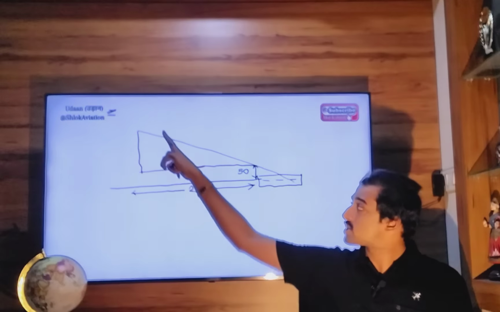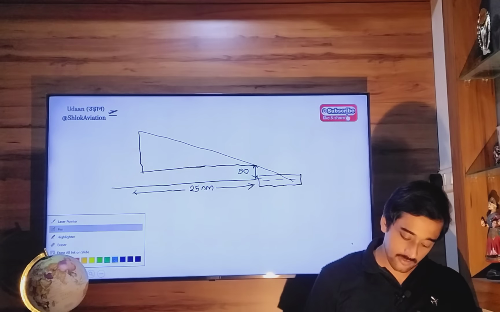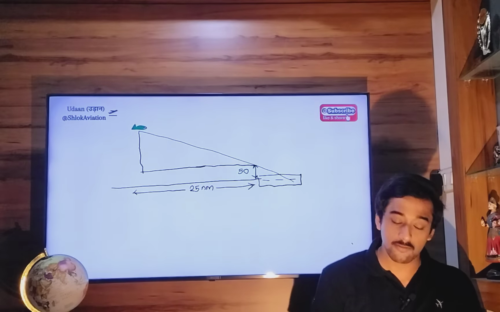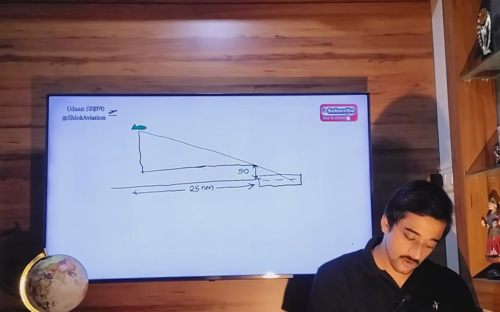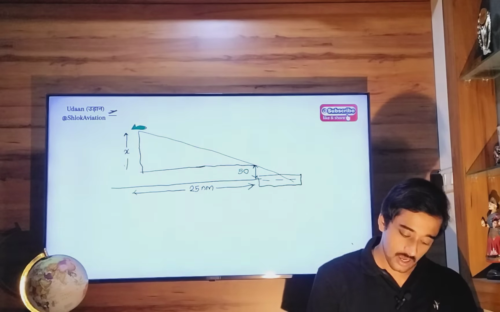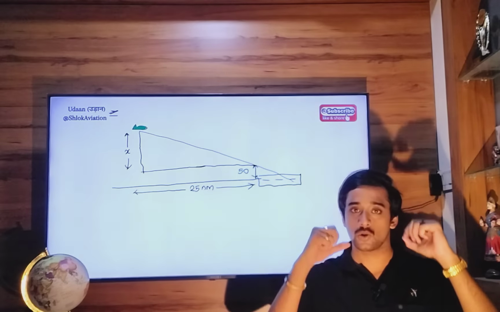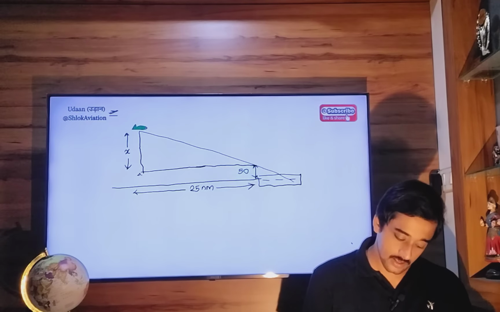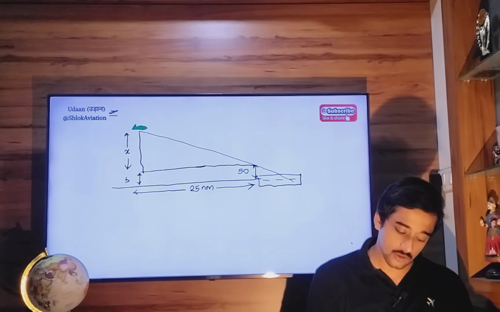This triangle is with respect to the glide path. So the height of your aircraft will first be determined from above 50 feet of the threshold. This value will be x, the height of the aircraft above 50 feet over the threshold of the runway. We are told to find the entire height, that is x plus this extra amount 50 with respect to the threshold.